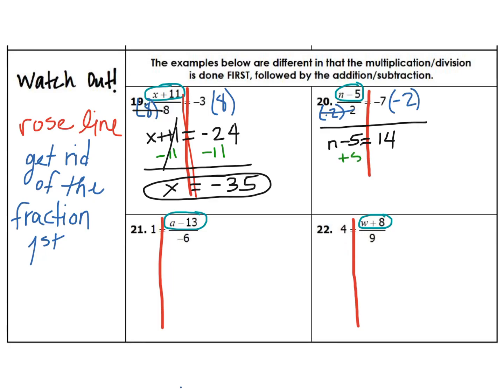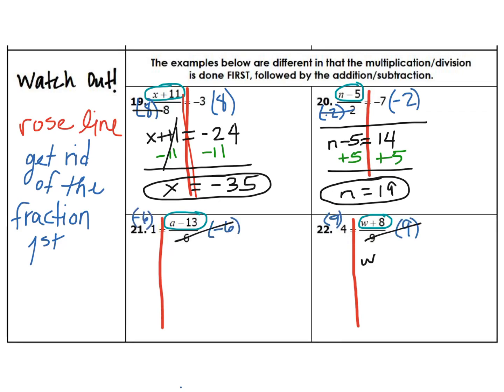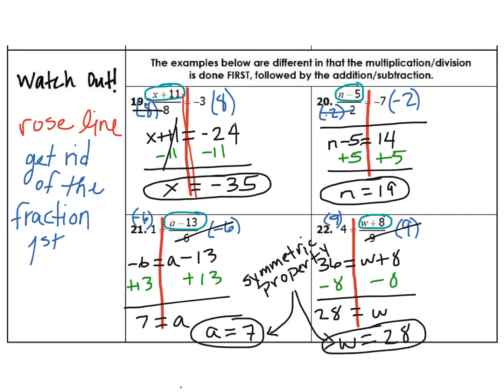And now I can do the inverse of minus 5, which will be n equals 19. Go ahead and pause this video and try numbers 21 and 22. All right, go ahead and check your answers for 21 and 22. Again, I applied the symmetric property to both of them in my final step.